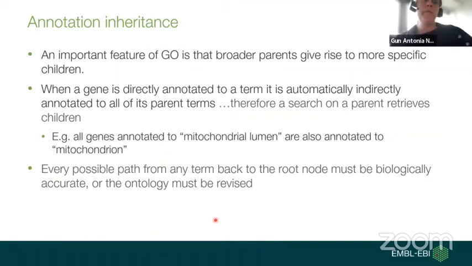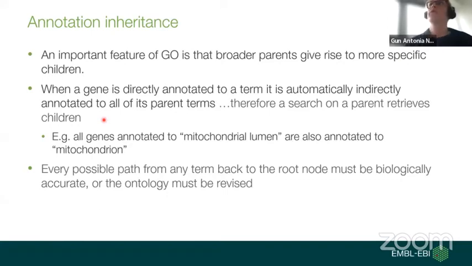So a little bit more about annotation inheritance. A very important feature of GO is that broader parents give rise to more specific children. And when you annotate a gene directly to a term, it's automatically annotated to all the parent terms. So if you search on a parent, you will retrieve all the children.